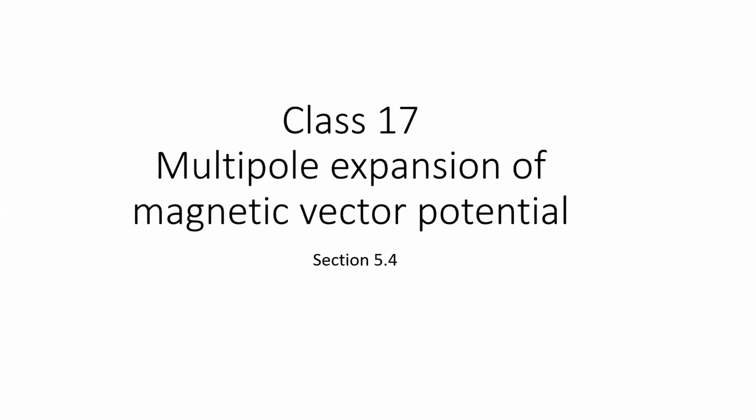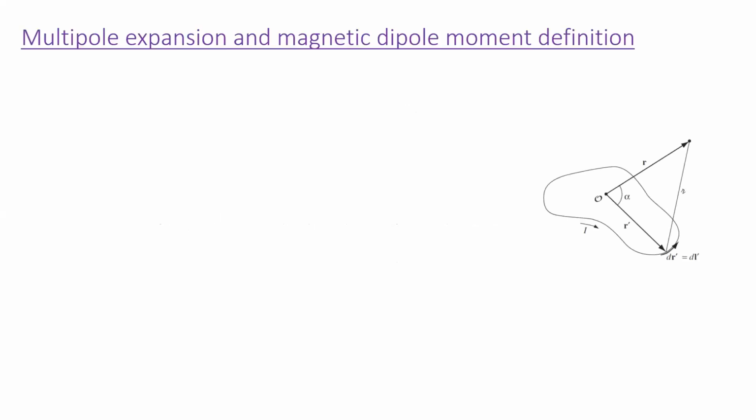Remember, the goal of the multipole expansion is to characterize, in the case of our electrical potential, a charge distribution, how it behaves at large distances, whether it behaves like a monopole, a point charge, or a dipole or a quadrupole, what the dominant term is. And similarly here, we're going to characterize how not a charge distribution, but a current distribution behaves at long distances through the magnetic vector potential.